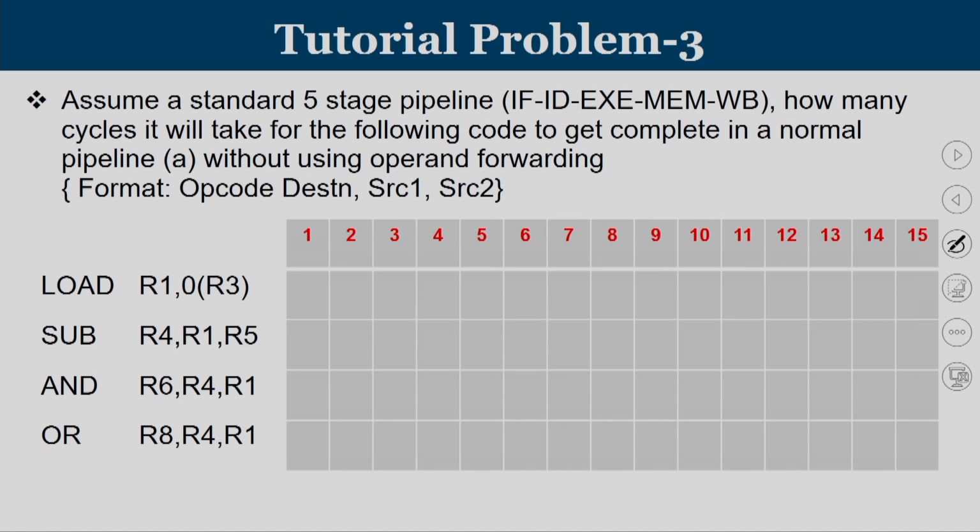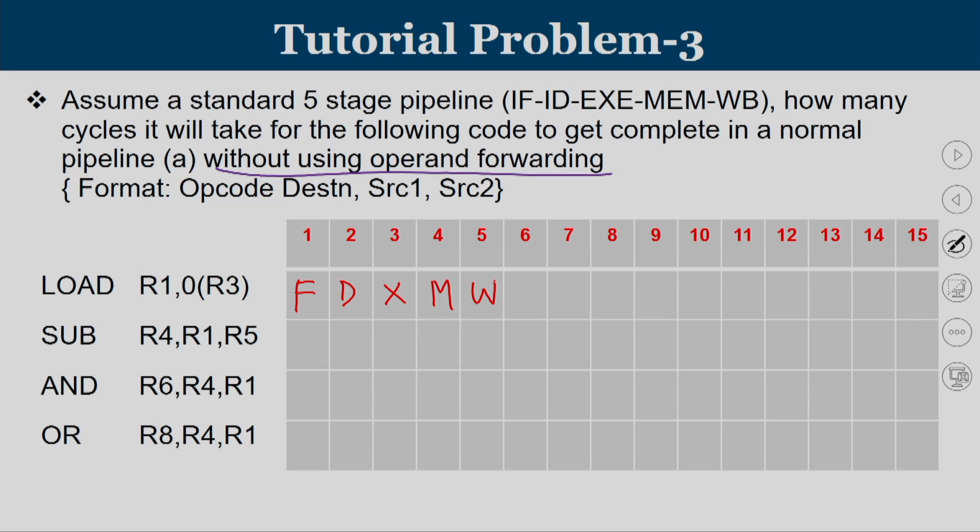Now, let us go to another set of code where we have a load instruction followed by a couple of ALU instructions. This is also without using operand forwarding. We will try to see how we can do that. So, fetch, decode, execute, mem and write back. These are the 5 stages for the first instruction.